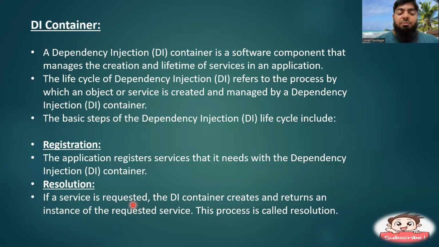Resolution. If a service is requested, the dependency injection container creates and returns an instance of the requested service. Suppose in our application there is a call to a particular object. In that case, the request goes to the dependency injection container. The container creates an object and returns the instance of the requested service.